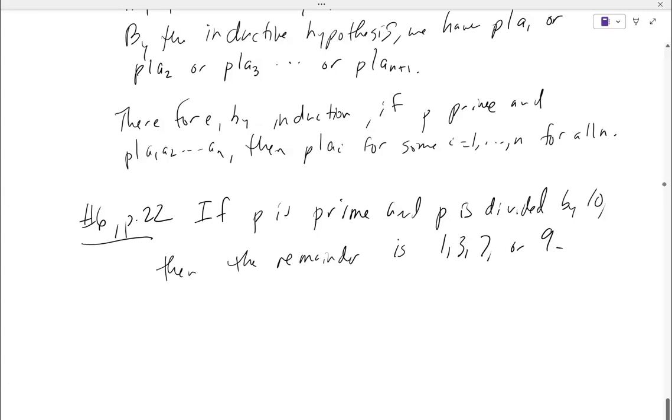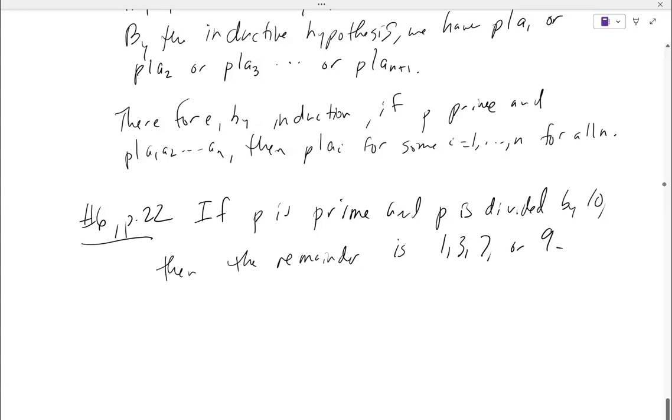We should be able to throw out 1 easily. If I take a prime and throw out 1 and throw out the prime, what remainder doesn't work? 0, right? Because it doesn't go in evenly.